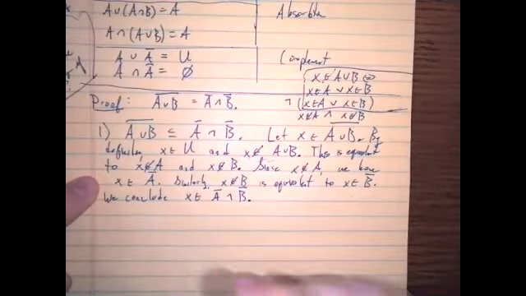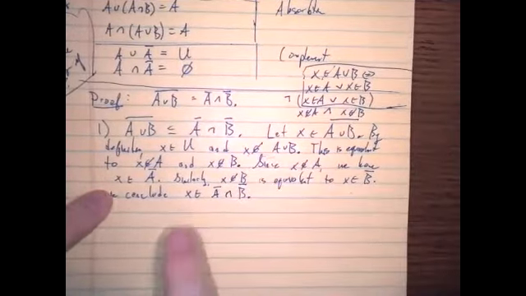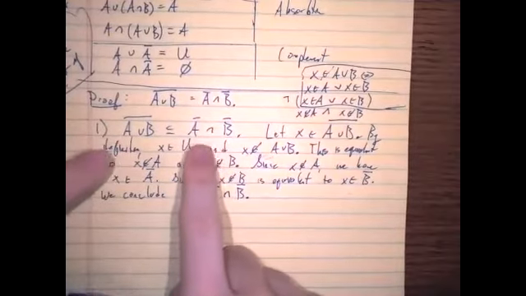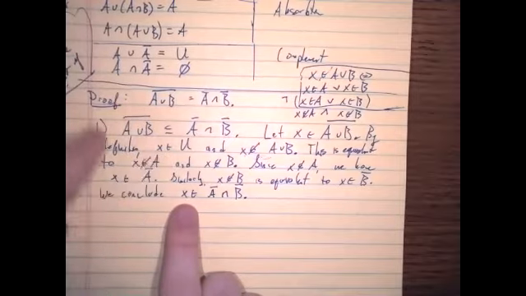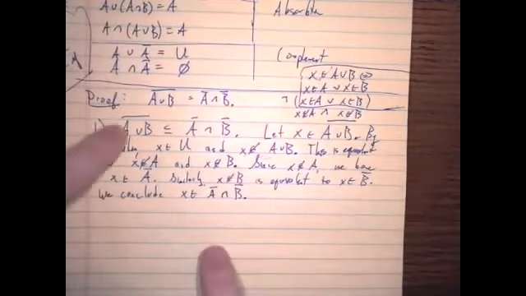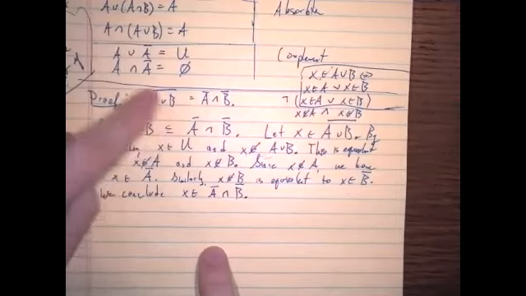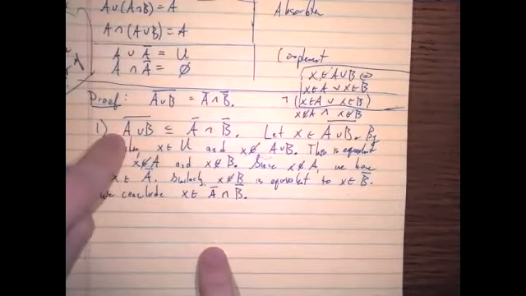So what I showed here is precisely this strategy. I need to show two inclusions. I started with one inclusion, and I started with an element inside the subset piece. I said X is in this thing. What does it mean for X to be inside the complement of A union B?